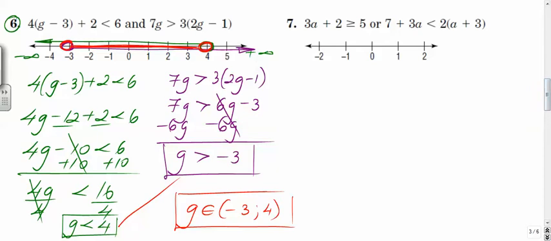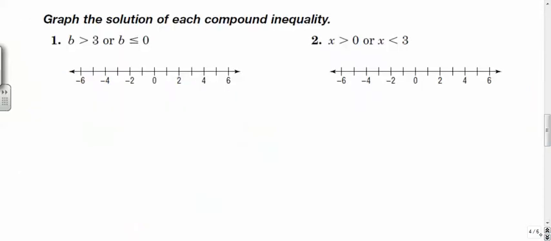Okay, let's try another one. Graph the solution of each compound inequality. This is a very simple problem. I'm going to do number 1. b greater than 3 or b less than or equal to 0. First of all, b greater than 3. Where is 3? 1, 2, 3. 3 is right here. And you have an empty circle.